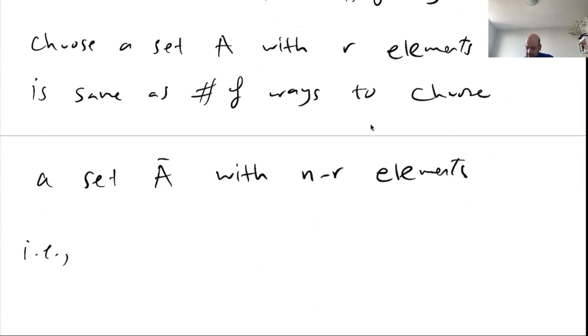And in other words, N choose R is equal to N choose N minus R.